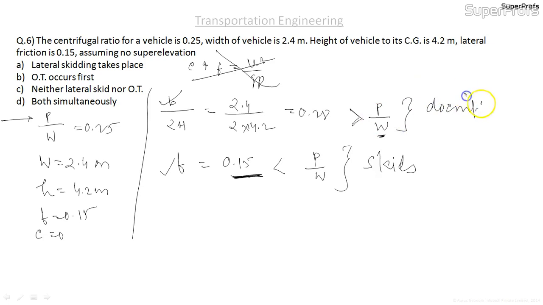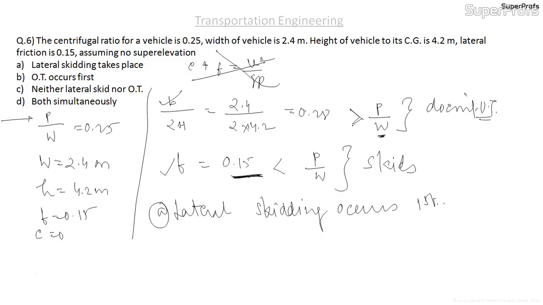Okay, so the option is option number A, that is lateral skidding occurs first.